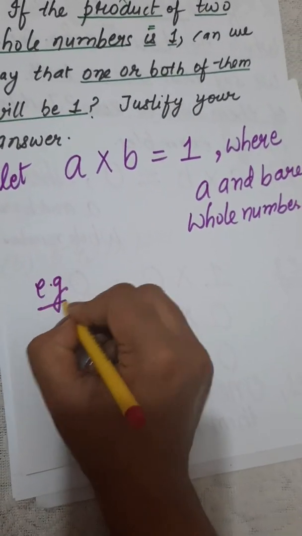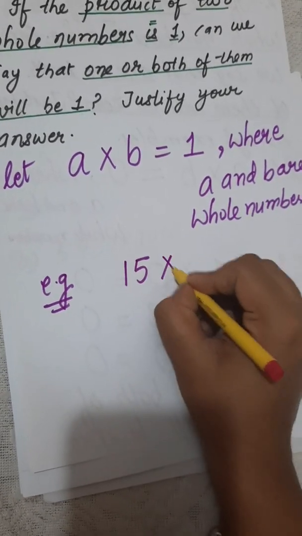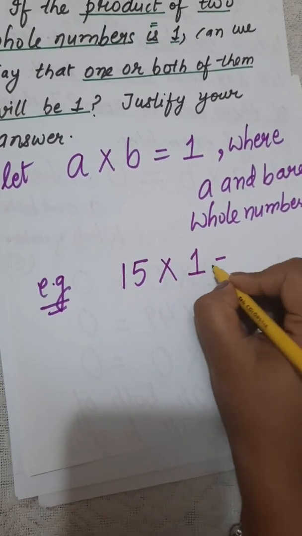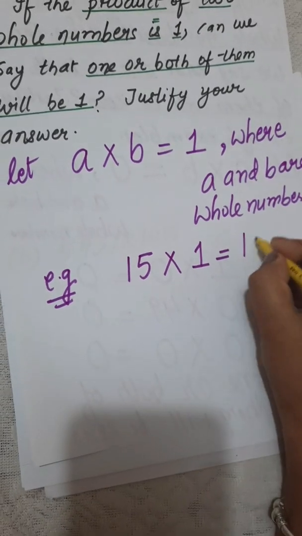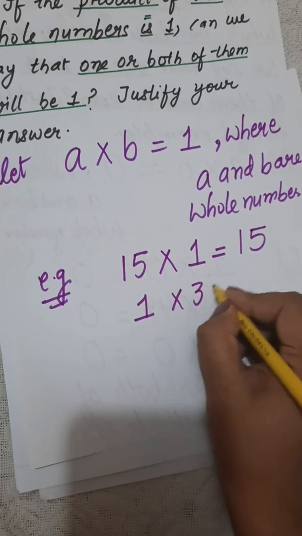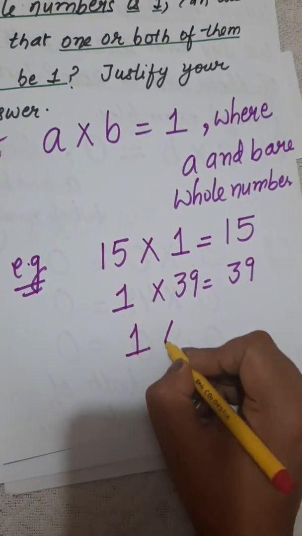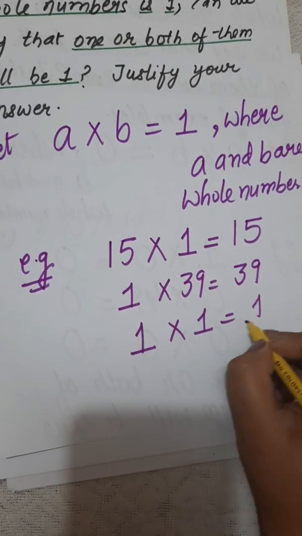Let's take an example. Take any whole number, say 15. If I multiply 15 by 1, I will get 15. If I multiply 1 with 39, I will get 39. But if I multiply 1 with 1, I will get 1.